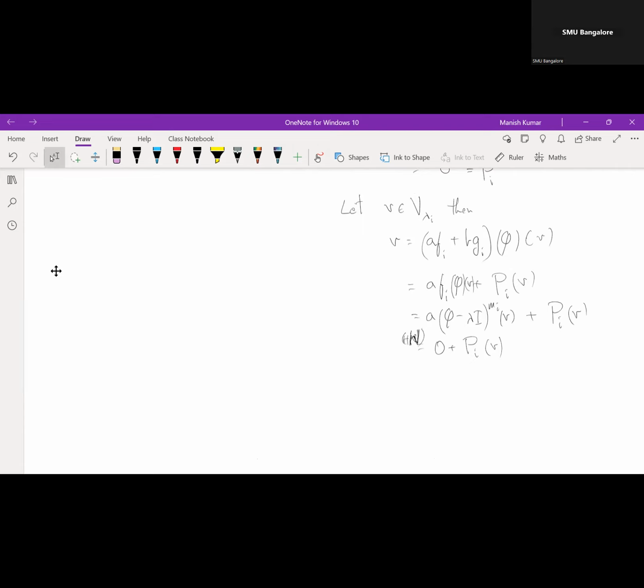Assuming that homework, you get that anything in V is actually in the image of pi. And conversely, the converse is easier.